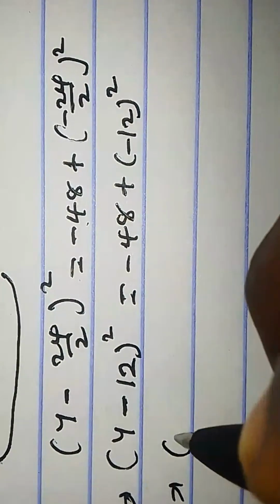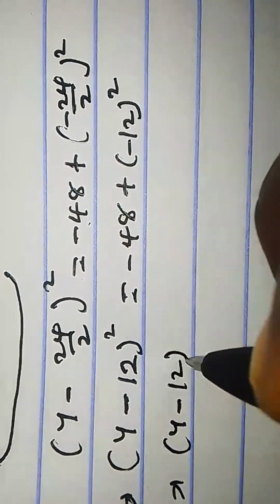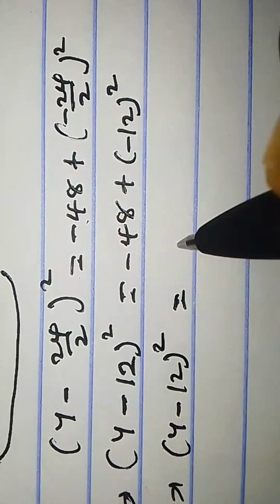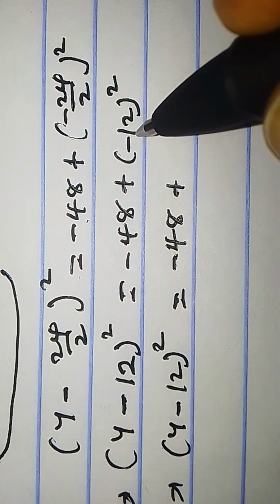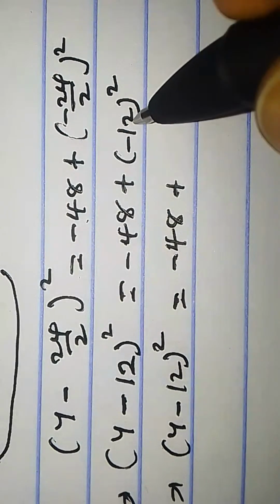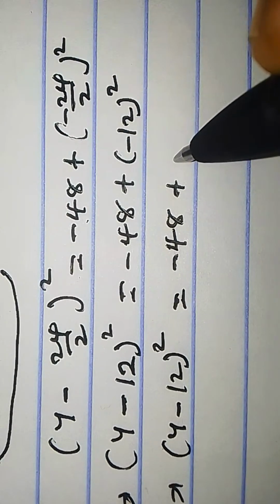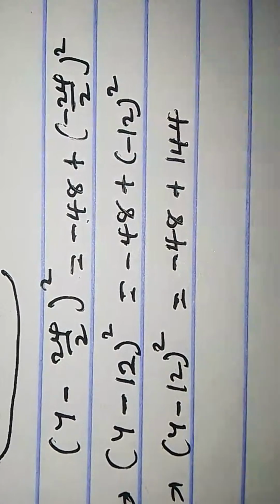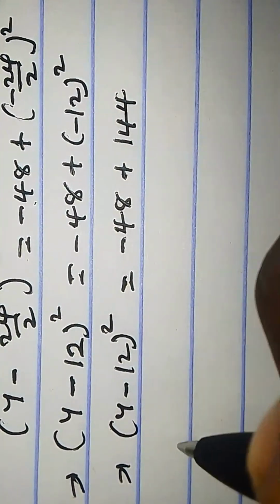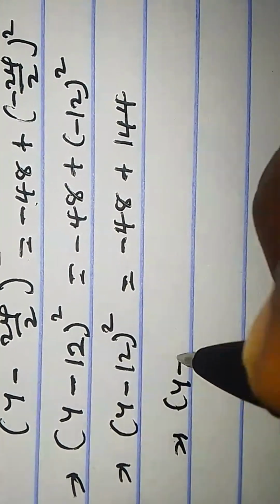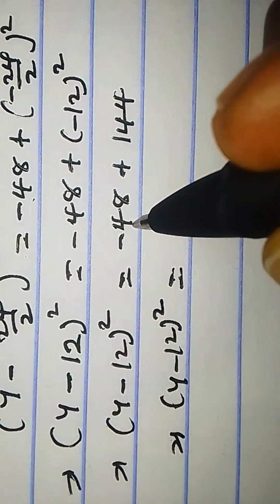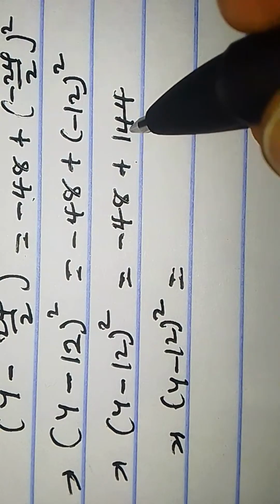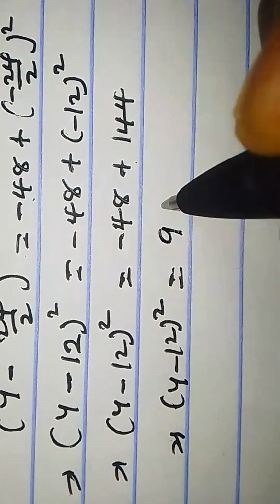So we have (y minus 12) all squared equal to minus 48 plus, minus 12 all squared. What is minus 12 all squared? That is 144. We have (y minus 12) all squared equal to minus 48 plus 144, that gives 96.